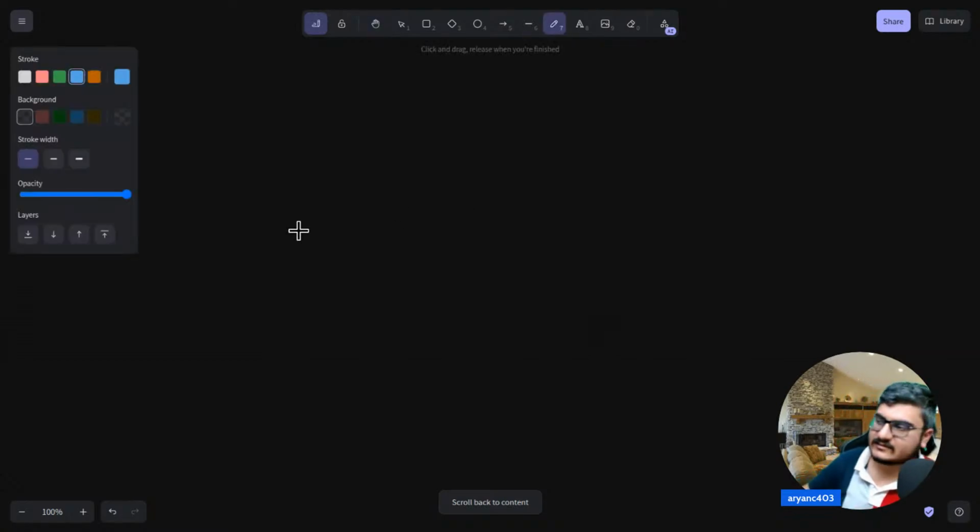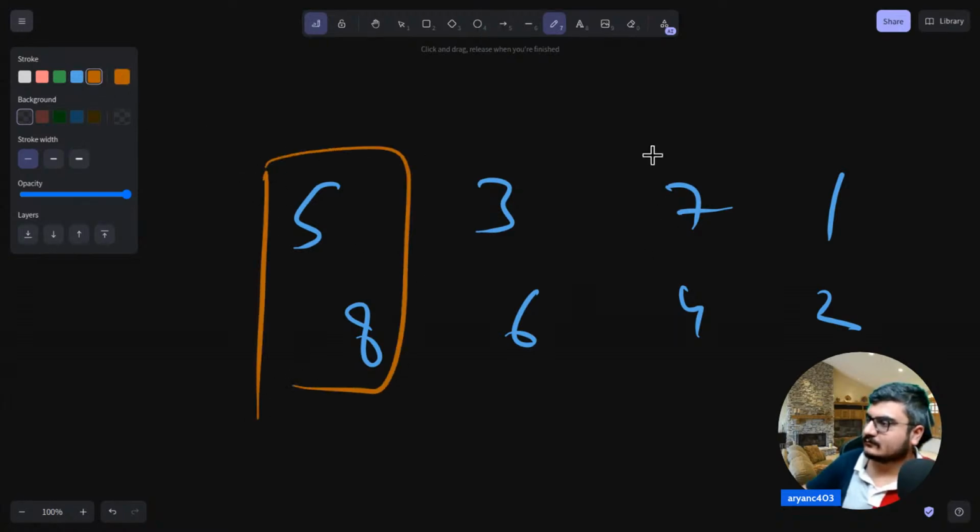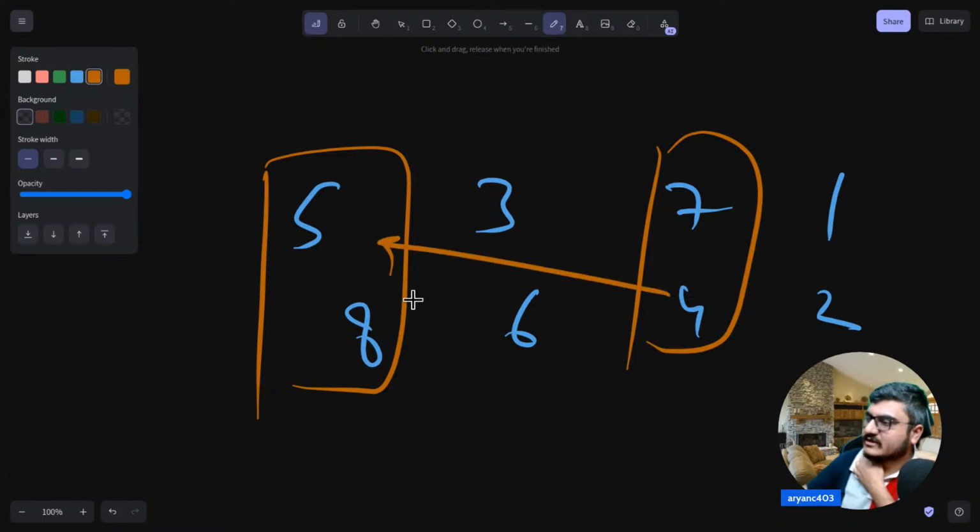Let's start with this 5 3 7 1 8 6 4 2. Let's first swap these two. 4 goes here, 8 goes here.